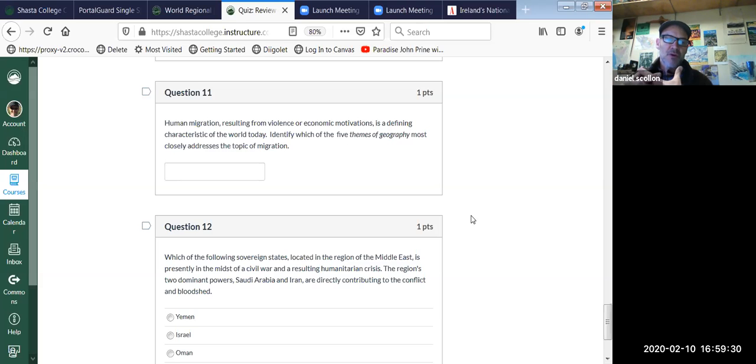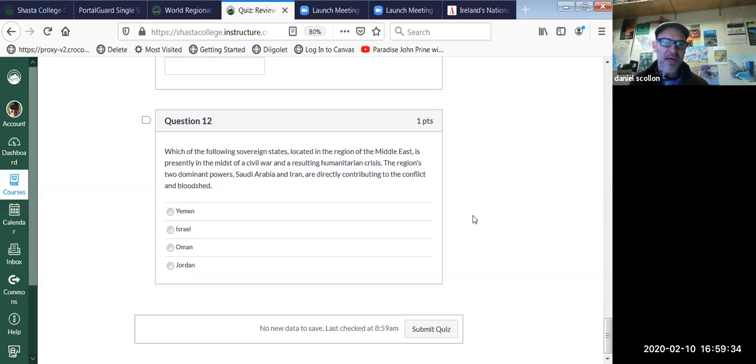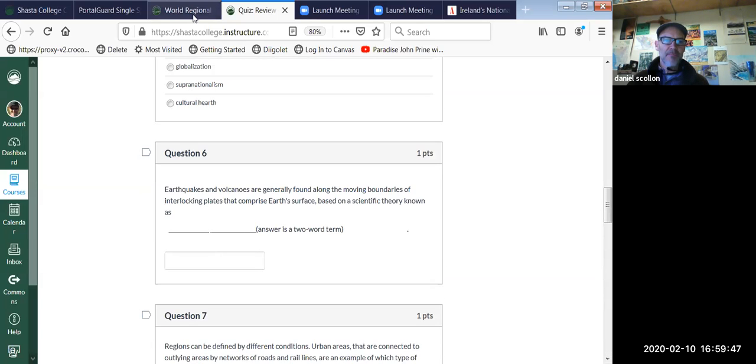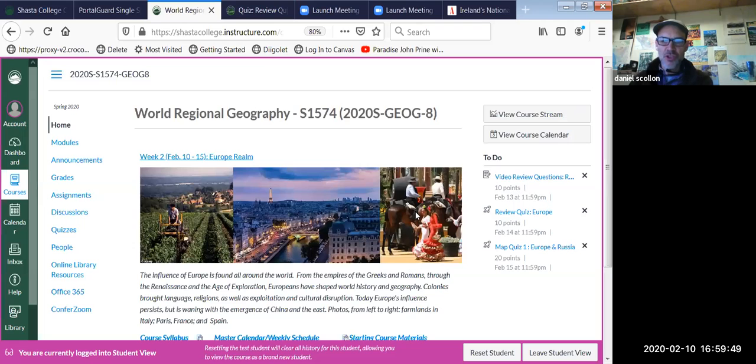And so human migration would be an example of movement. And then finally, we had a review of this particular locale as a way to sort of introduce our course. And this was the country of Yemen.